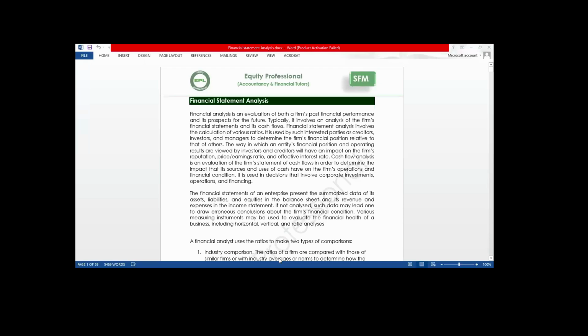Like we said in our last class last week, financial statement analysis is a skill that every accountant must have, regardless of your field of accounting, whether you choose to be a tax accountant, an audit and assurance provider, or a corporate reporting expert.